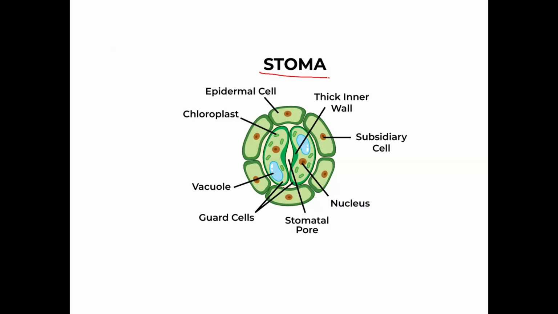Coming to the structure of stomata. Stomata are composed of many cells, epidermal cells which surround the stomatal cells. Look, there are two bean-shaped cells. These are called guard cells. The guard cells have multiple chloroplasts.